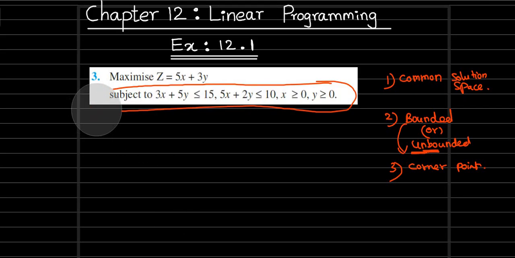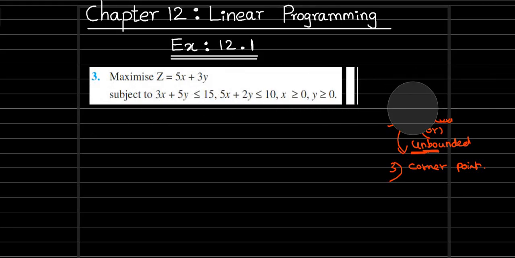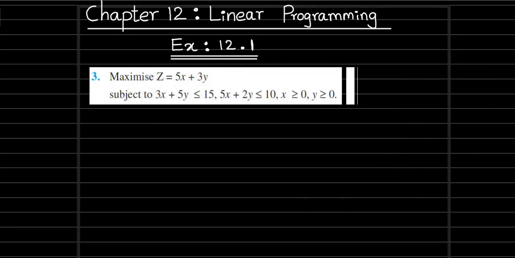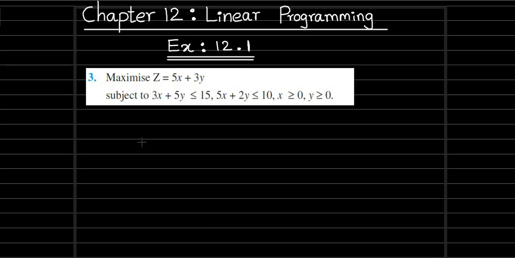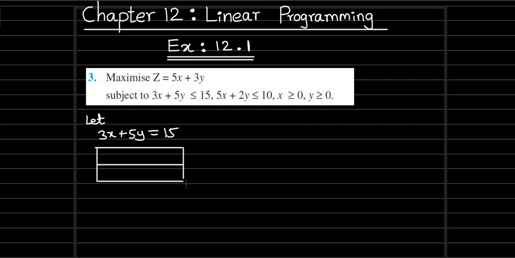What is the first step here? We have to identify the common solution space. For that, I'm going to consider the given inequalities as equations. So let 3x plus 5y equal to 15. To draw this line, we need two coordinate points.